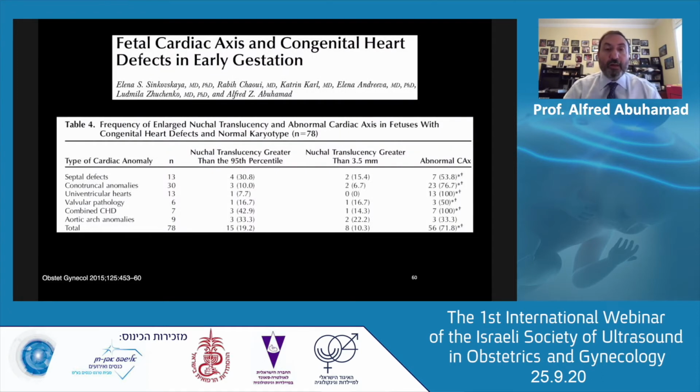When you look at the data in our study, a nuchal translucency greater than the 95th percentile detected about 19% of congenital heart disease. A nuchal translucency greater than 3.5 millimeters detected 10%, but the cardiac axis detected 72% of congenital heart disease.